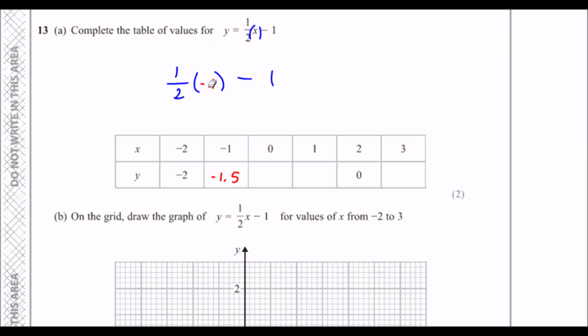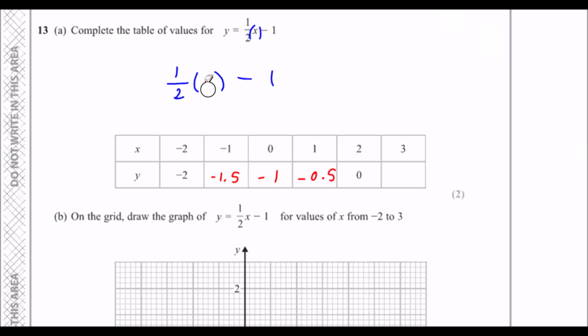Then we change what's in the bracket to 0. That gives us -1. Then again, go back, click the back button, and change it to 1 this time. That gives -1/2 or -0.5.